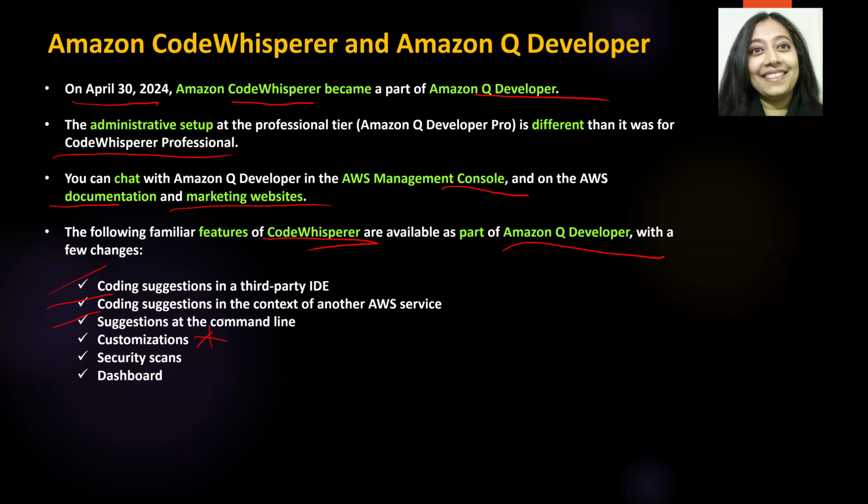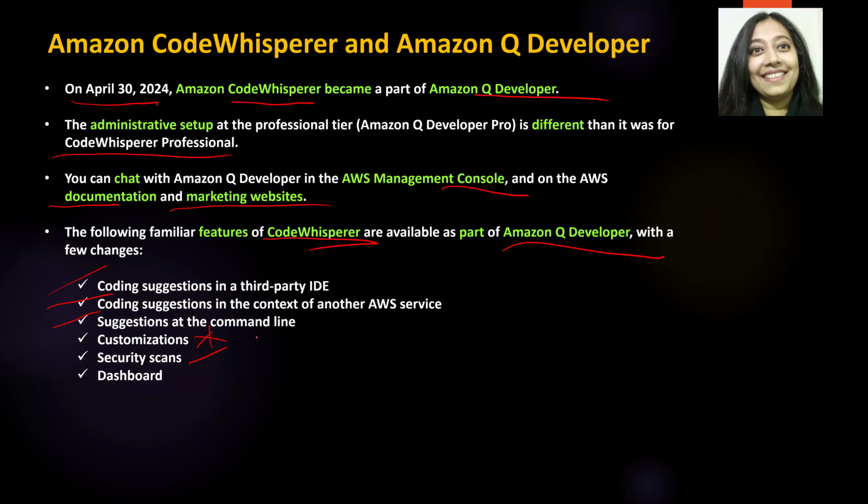Let's say for your enterprise, you have to reference some internal libraries, or you have certain architectural patterns or certain enterprise coding styles. You can make those customizations as part of Amazon Q Developer. So while your developers are working, those contextually relevant suggestions or improvements will be provided to them.